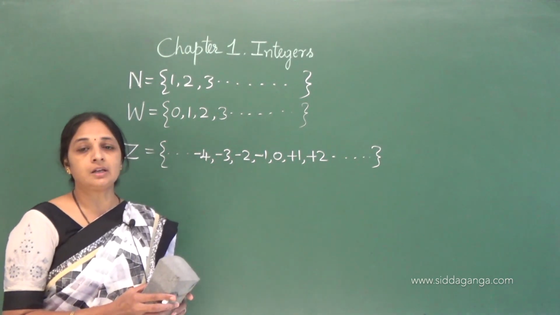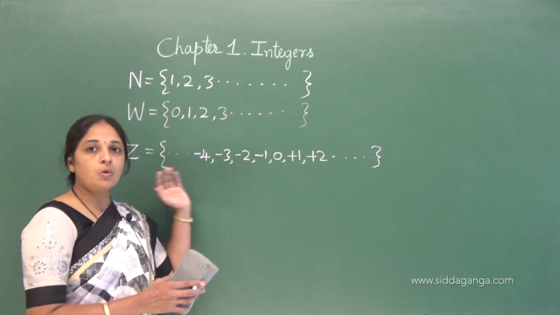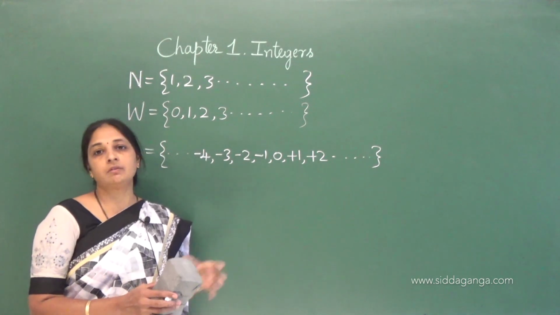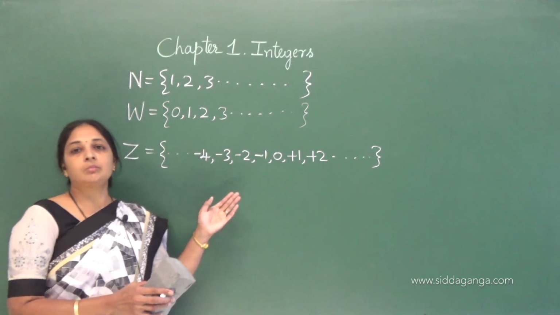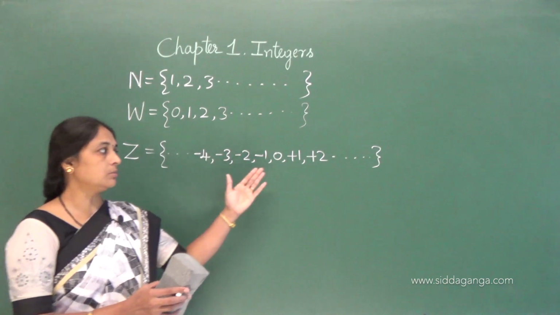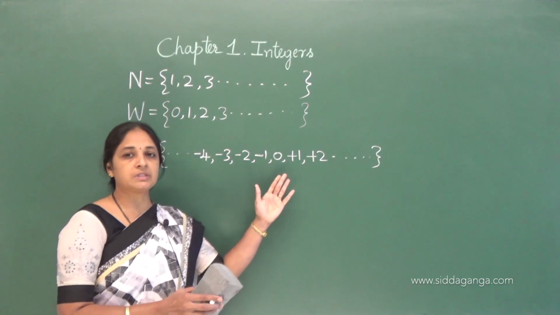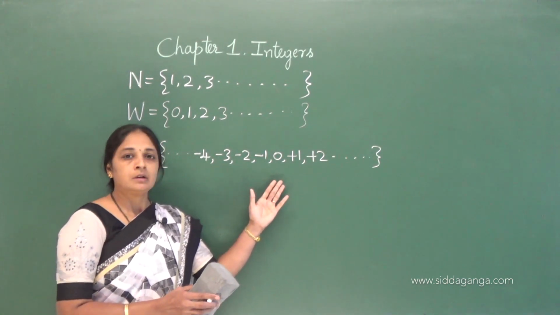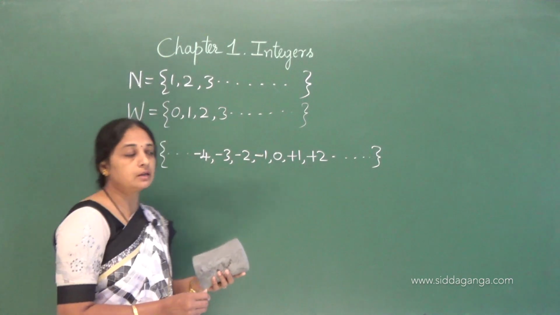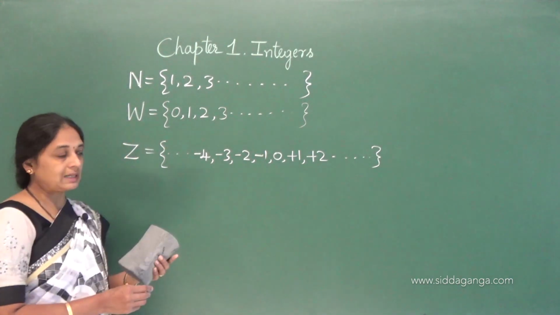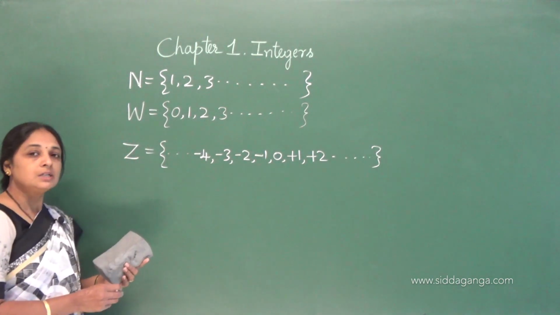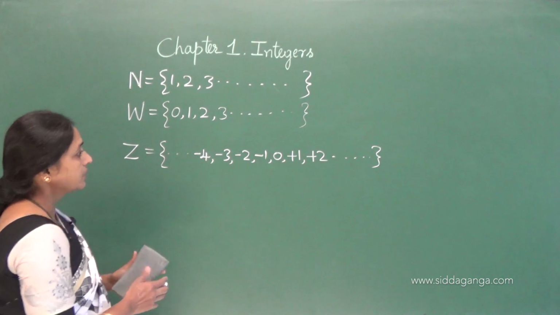They are called negative integers. So the whole set is called integers, where it consists of negative numbers and positive numbers. Positive numbers are represented by the plus mark, so +1, +2 like that, and it includes 0 also.